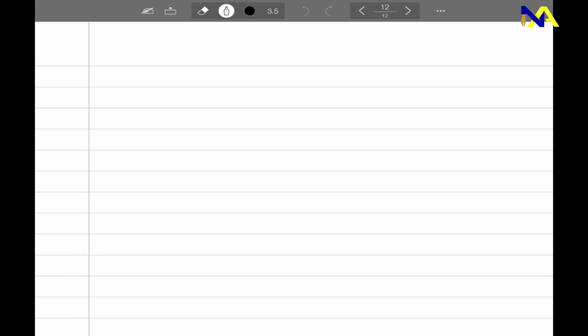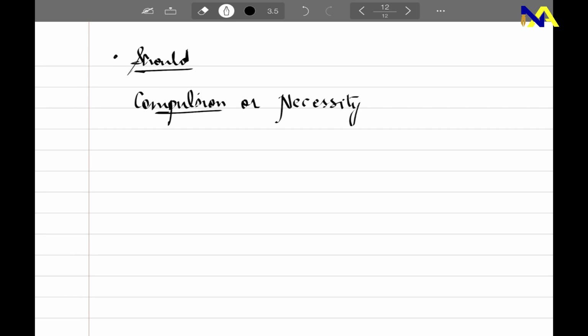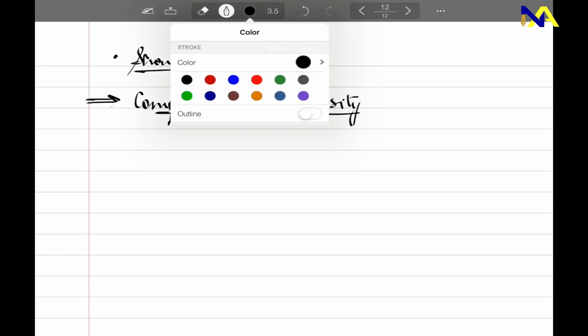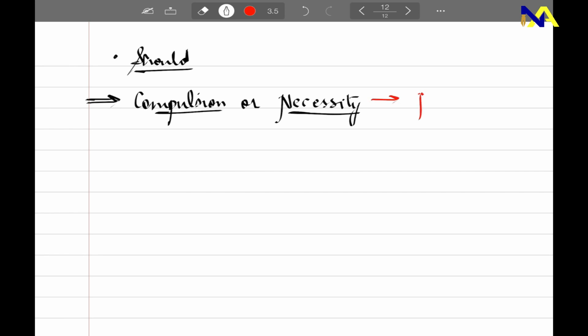Now just try to understand that in the last scenario we used the word should, saying that we should stay indoors, but if in case of compulsion or necessity, in a scenario when we hardly have any choice, then we will definitely use must or have to.